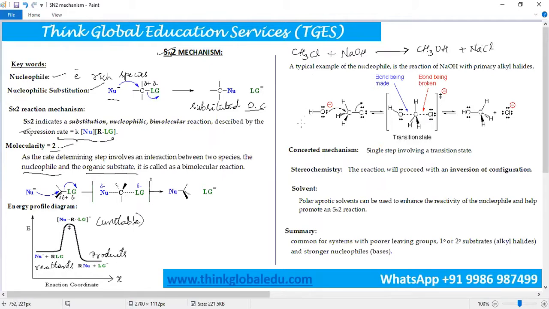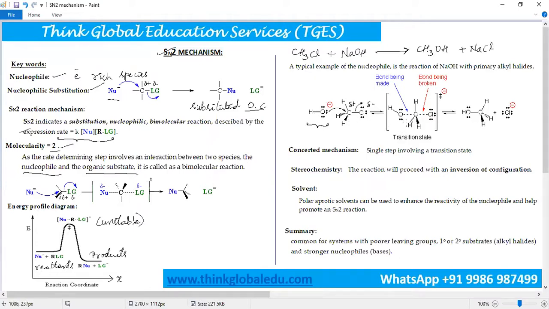In this reaction, the nucleophile, that is the hydroxyl group, will donate a pair of electrons from the oxygen atom, which is electron rich, towards a partially positively charged carbon atom, which is bonded to a partially negatively charged chlorine atom.